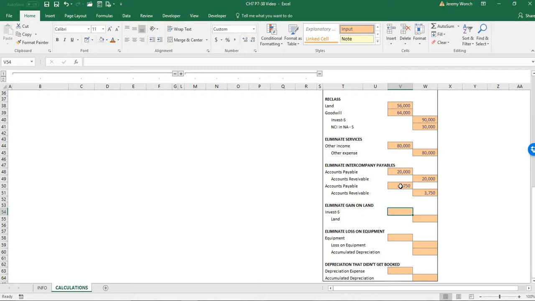And so next we have to remove the gain on the land, and they told us that was $23,000. Now we have to remove the loss on the equipment. And so they said that the equipment on the subsidiary's books was listed at $435,000.